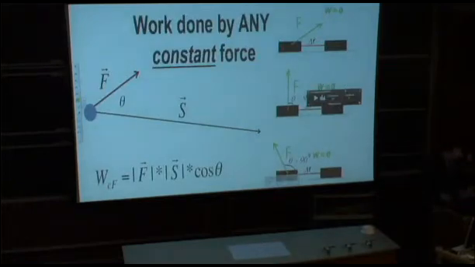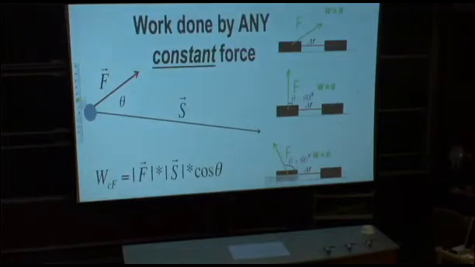You see, this expression has two variables which are never negative. Yeah. The magnitude of the force, never negative. The magnitude, the length of the displacement, never negative. But this parameter, cosine of an angle, could have any possible value. If the angle is less than 90, cosine is positive, work is positive.